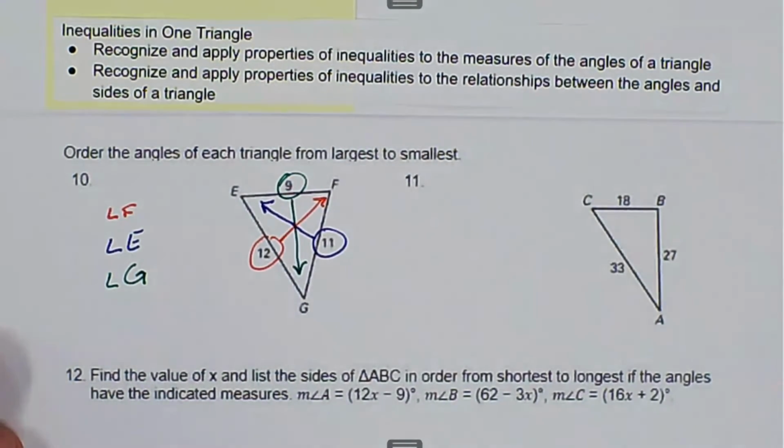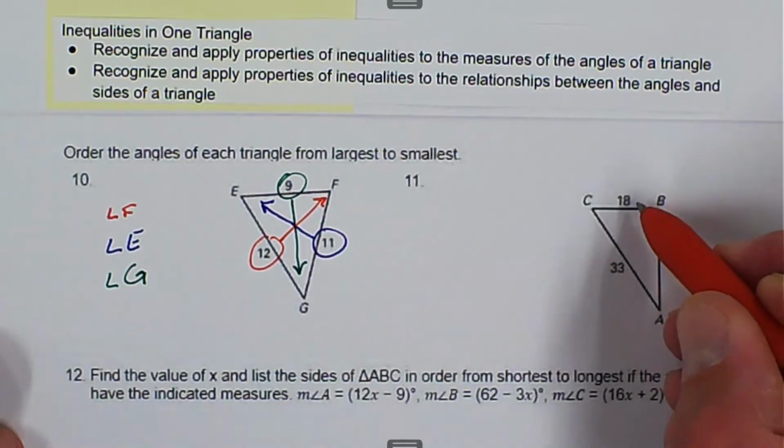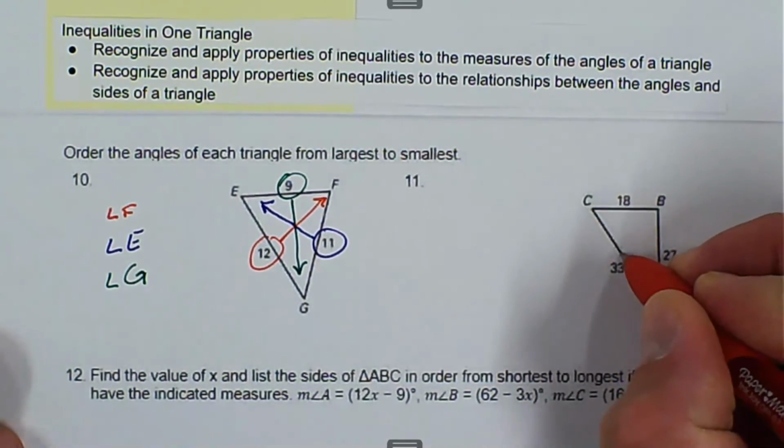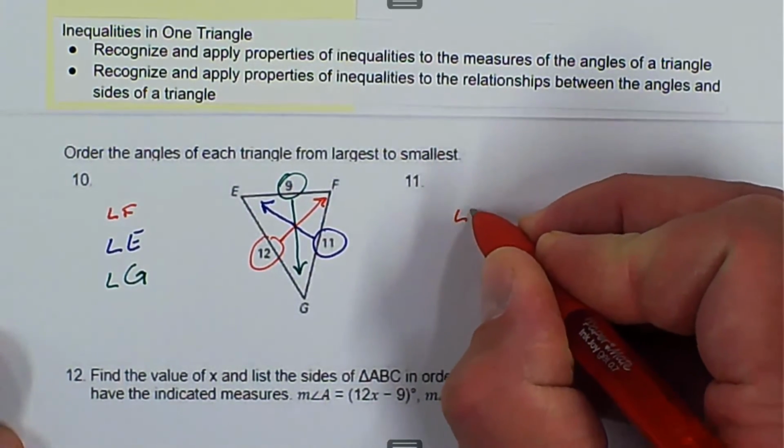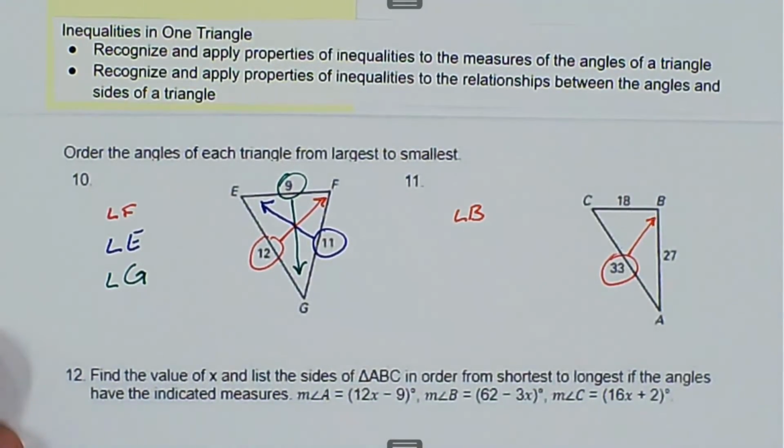Same thing, we want to start with the largest. So between 18, 27, and 33, 33 is the largest side. So angle B is the largest. The next one we have is 27.